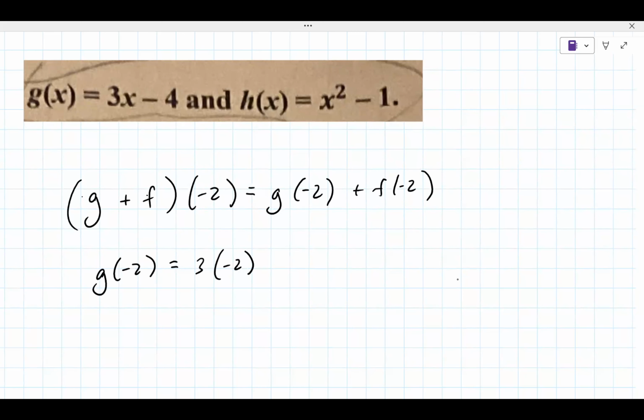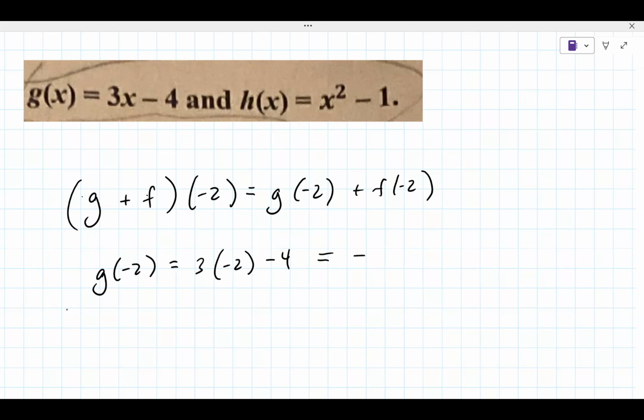There's g of x. We're putting -2 in for x. So 3 parentheses minus 2 minus 4 equals negative 10. Okay, now let's do f of -2.